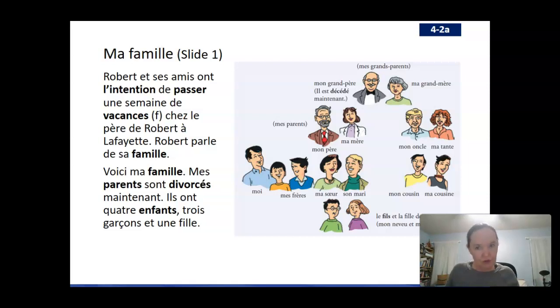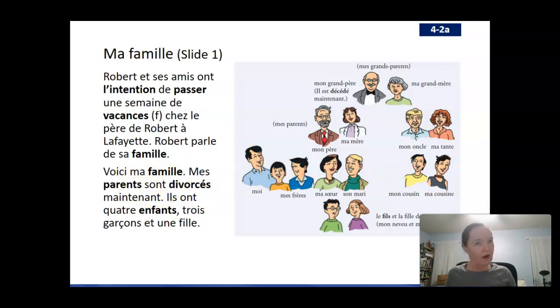So let's try to piece it all together. Voici ma famille. Voici means here is, just like voilà means there is. So here's my family. Mes parents sont divorcés maintenant. Oh, my parents are divorced. You might also remember the verb être in French.